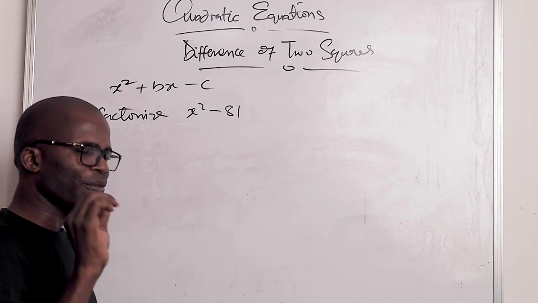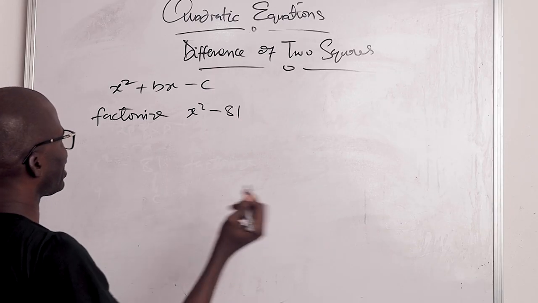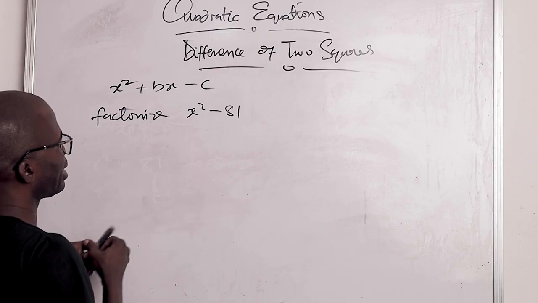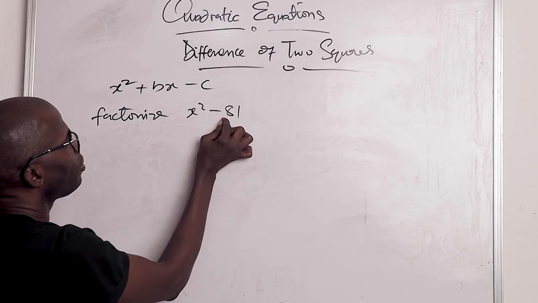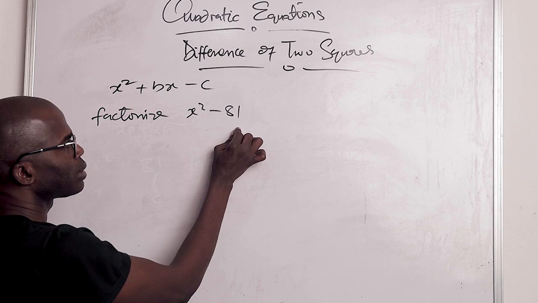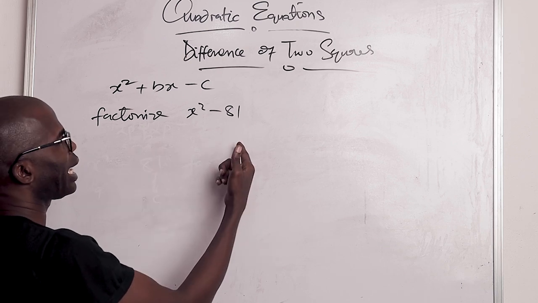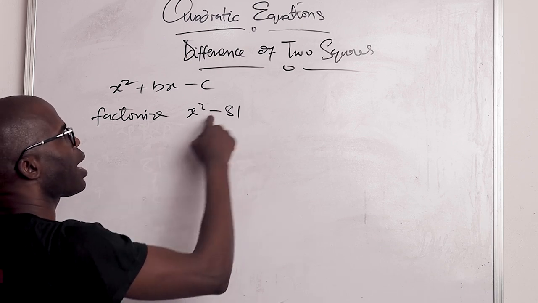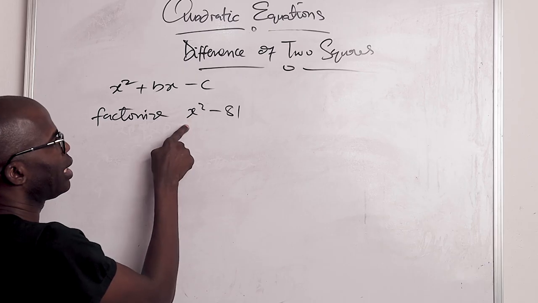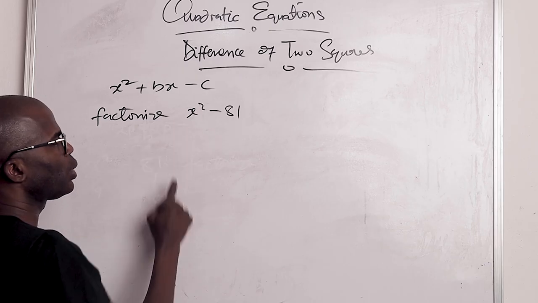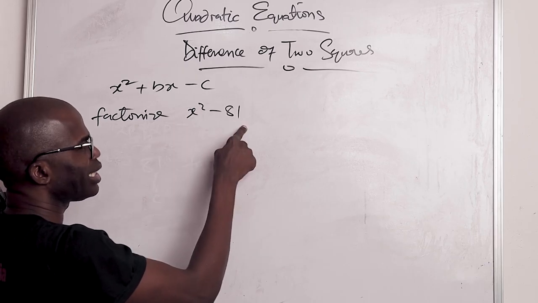To make it easier for your comprehension, just have it at the back of your mind that what these people are saying is, what factors of 81 am I going to multiply, or raise to the power of 2, just like the first term being raised to the power of 2, that will give me minus 81?